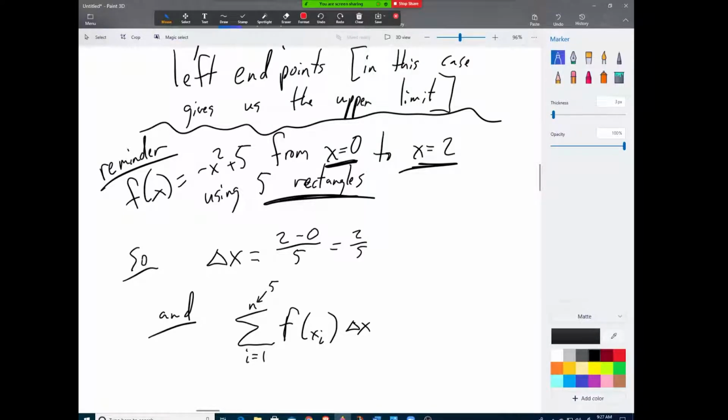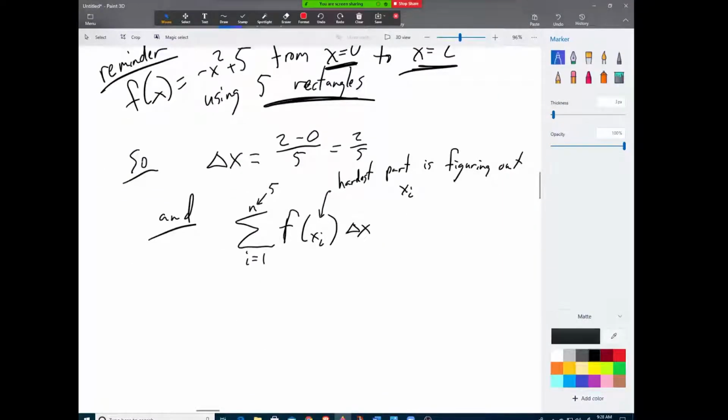So the hardest part here is figuring out your xi term. Luckily, it's not going to be too bad on this problem. But that's going to be the part where you're going to have to be the most diligent on these problems and really think through what it is that you're doing and does it make sense.